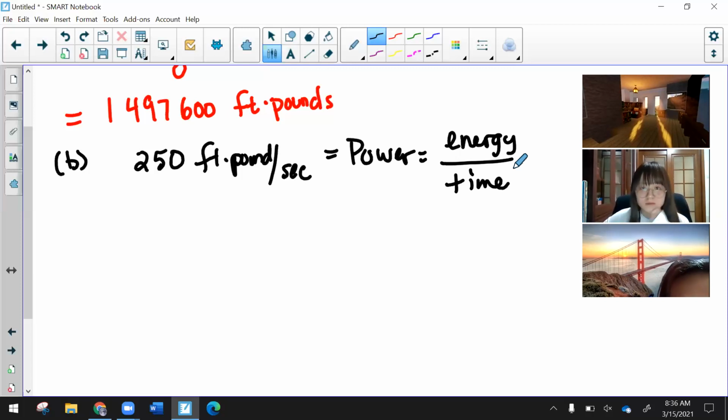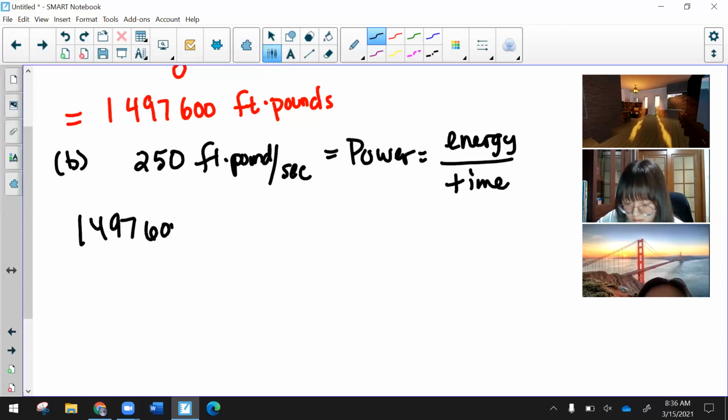You nodded your head, that's why I called on you. I didn't mean to randomly call on you. How much, help her out, how much energy do I need altogether? Yeah, it's the answer to part A. We could even put it in scientific notation, it's the 1.4976 times 10 to the 6 foot-pounds. Okay, so I know how much energy I need to produce.